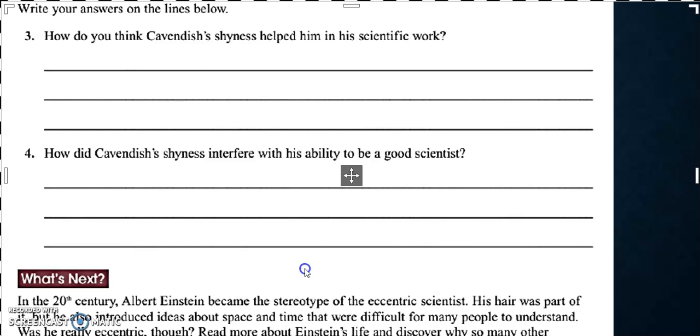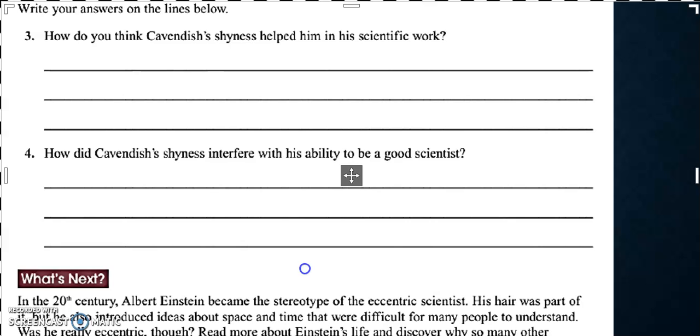Next page is about the questions. How do you think Cavendish's shyness helped him in his scientific work? My opinion is that because he was very shy, he concentrated and did the investigations very well. Because he disliked staying with people, he wanted to stay alone.